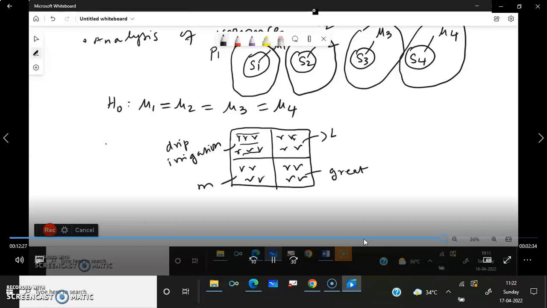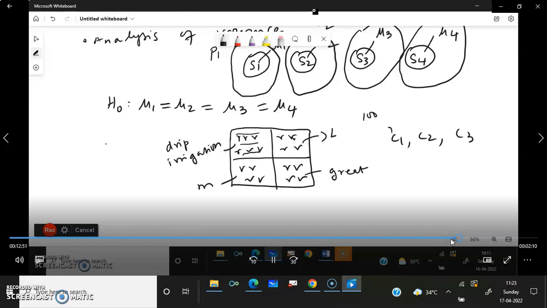Now I can take 3 cars also, right? Gasoline mileage for 3 automobiles. Suppose I have 3 cars, C1, C2, C3. I am using the same amount of gasoline, which I can call petrol, for car C1, C2 and C3.